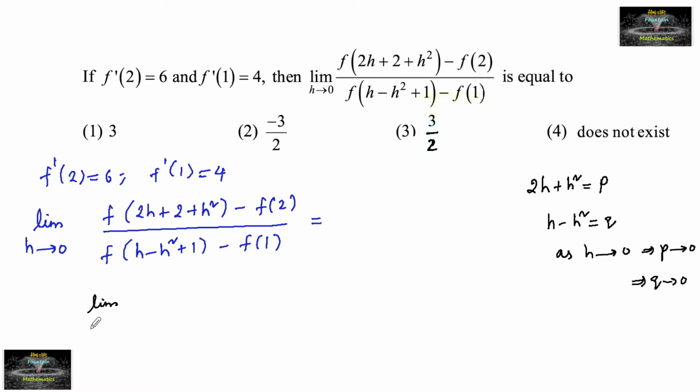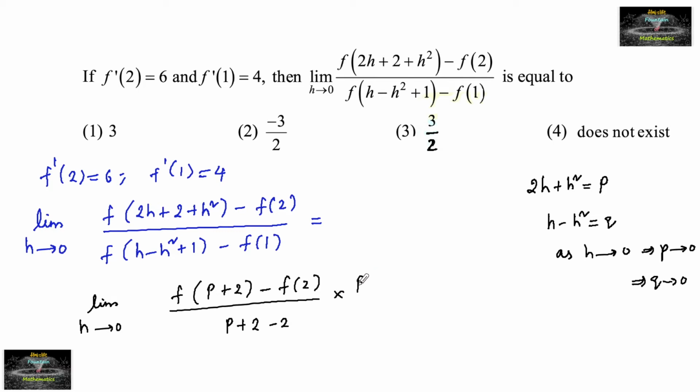So let me write the limit as h tends to 0 of [f(p + 2) - f(2)] divided by [(p + 2) - 2], that is p, multiplying with p, and again into 1 upon [f(q + 1) - f(1)]. Here multiply and divide with q, giving p by q.